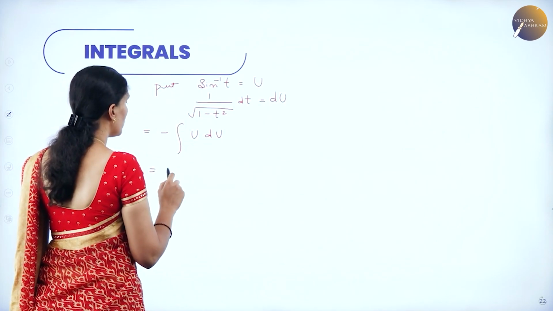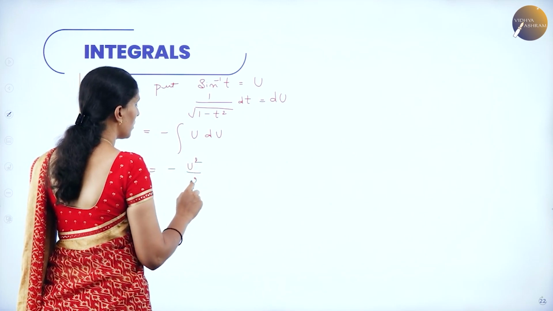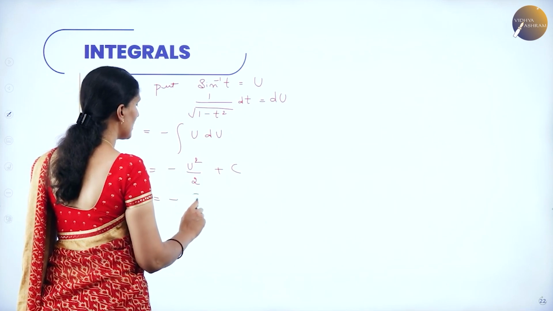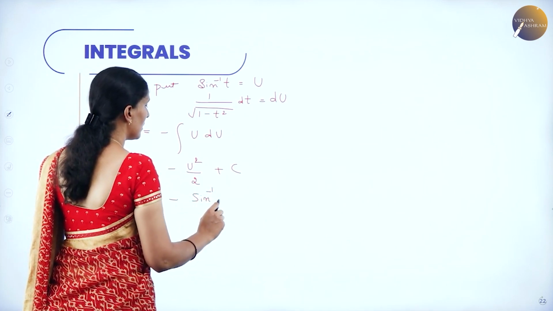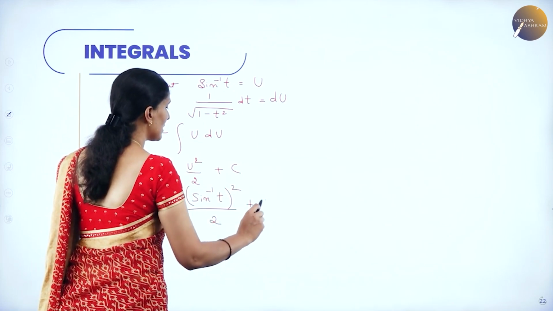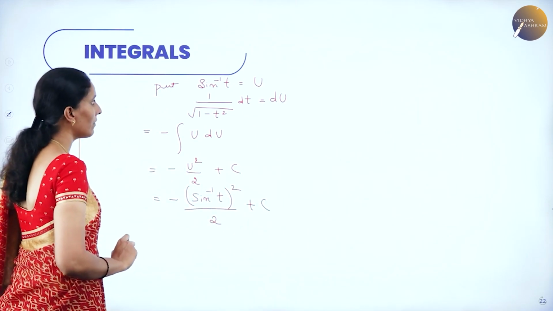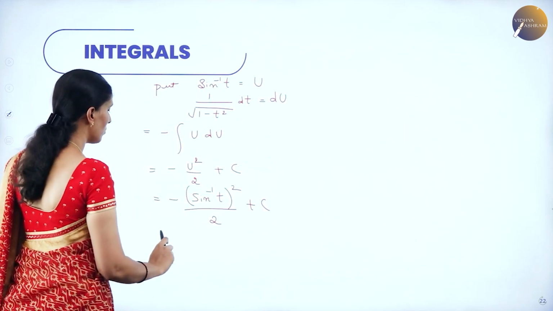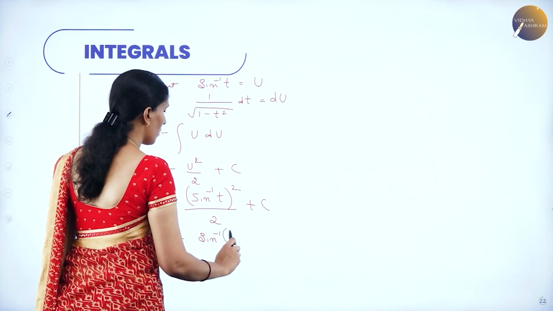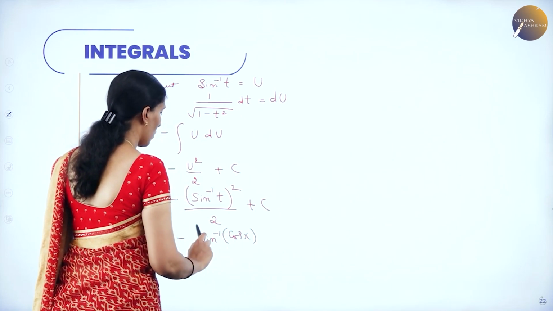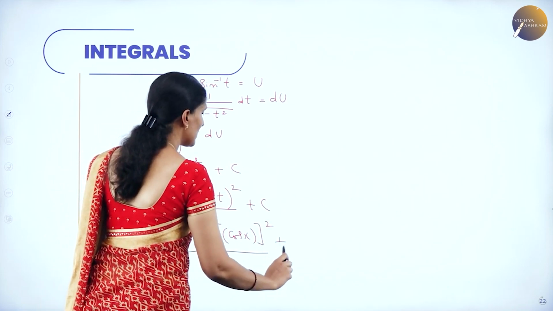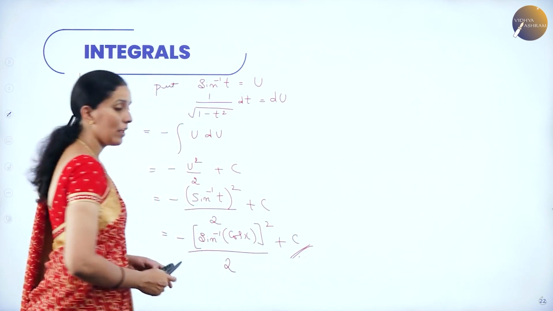What is integral of u? u square by 2 plus c. What is u? u we have taken as sin inverse t, whole square divided by 2 plus c. But what is t? t we have taken as cos x. So therefore it is minus sin inverse of cos x whole square divided by 2 plus c. So this is the integral value.